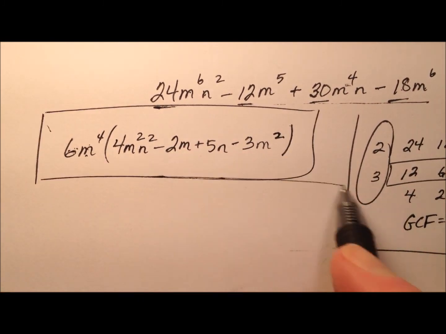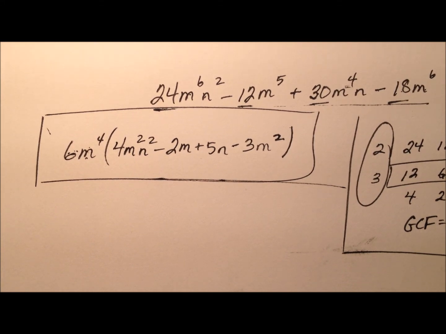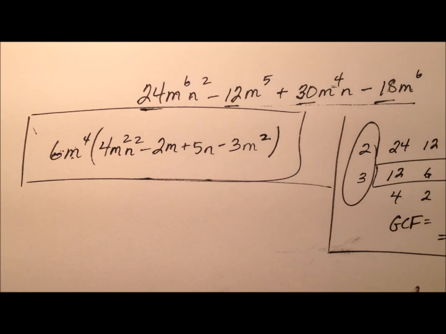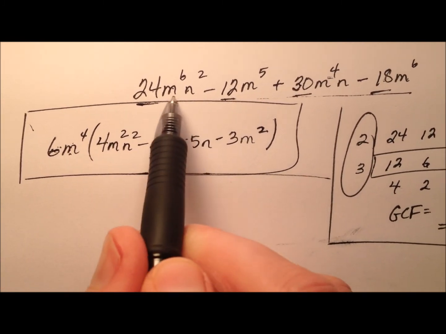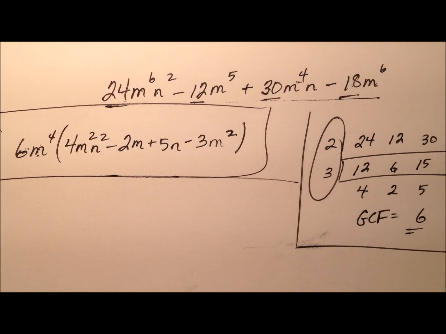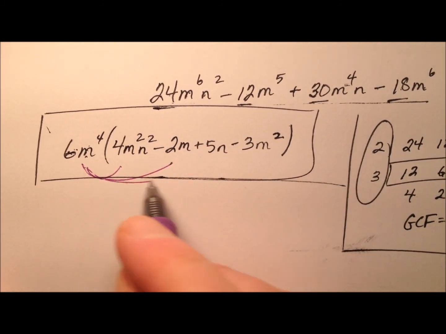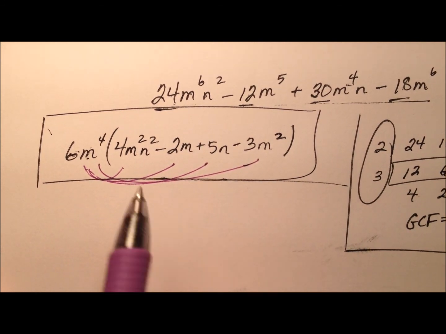So we have factored this expression using the greatest common factor. So we saw that 6 was the greatest common factor between all these coefficients, and then m to the 4th was the greatest common factor as far as the variables were concerned. And once again, we can, of course, go ahead and distribute this back through and just verify that it works.